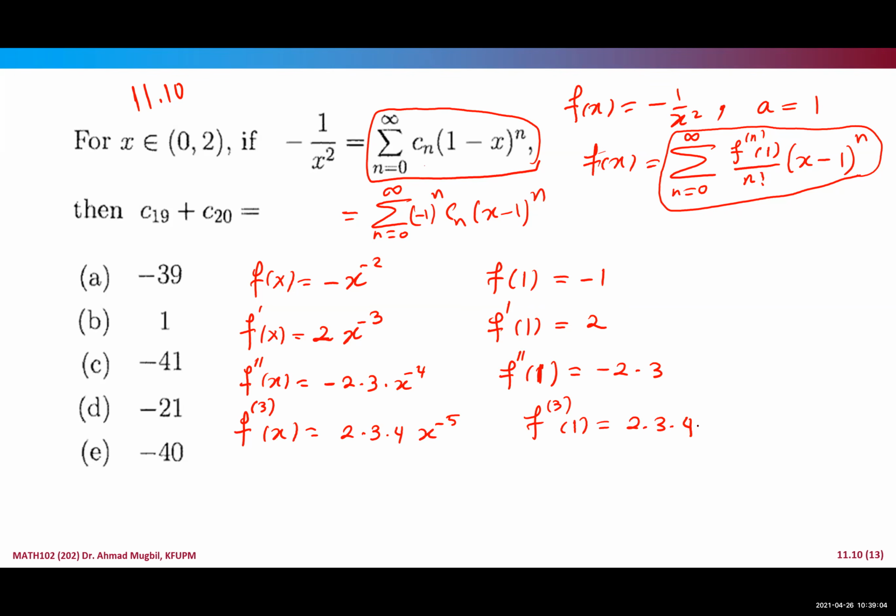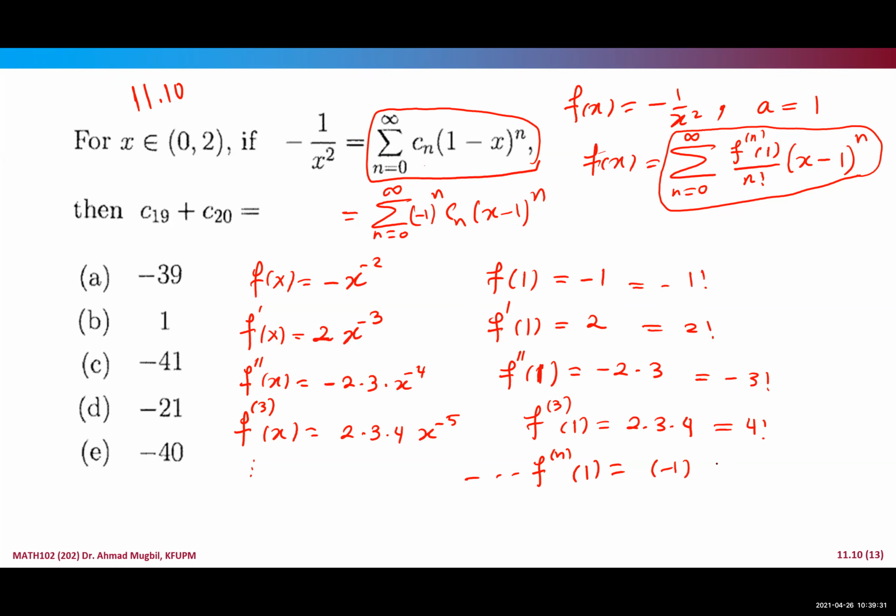Who can tell me what the nth derivative is here? Notice, guys, this is 4 factorial, right? This is 3 factorial, and this is n plus 1 factorial. So what is the sign at the end here?